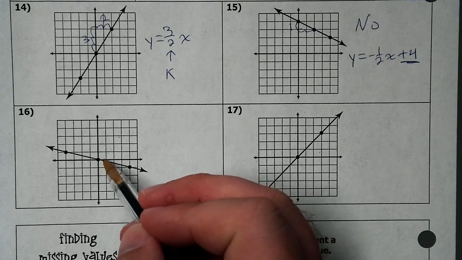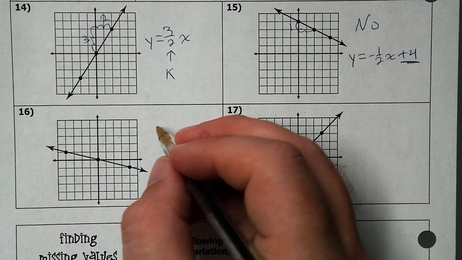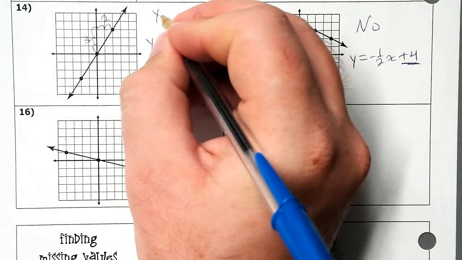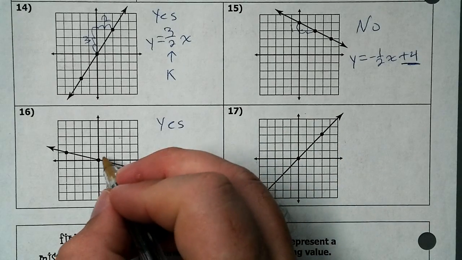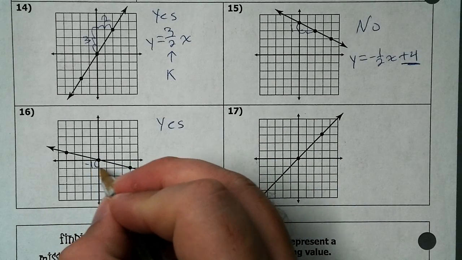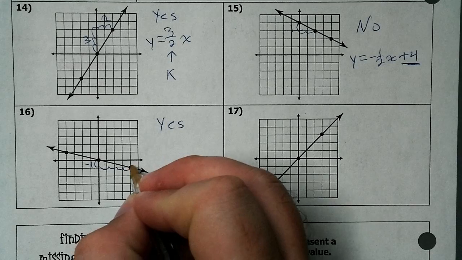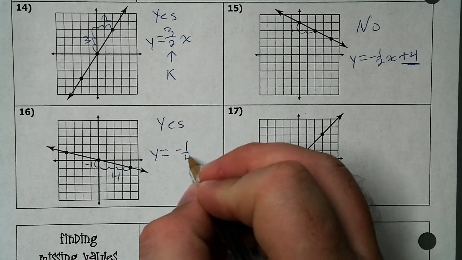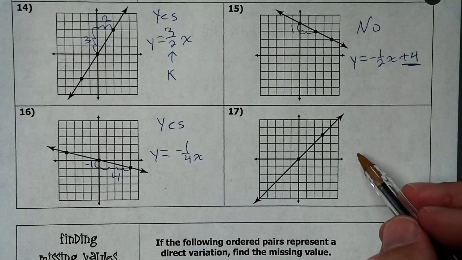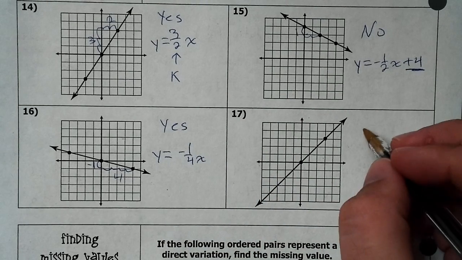16, does it go through? Yes. So we know this is direct variation. Sorry, I should have written yes on this one too. And then our rate, this one it goes down 1 and over 1, 2, 3, 4. So it's just going to be y equals negative 1/4x. On number 12, does it go through the origin?